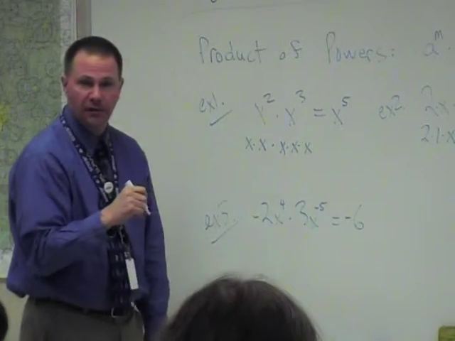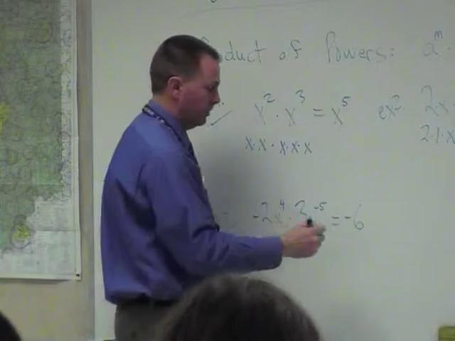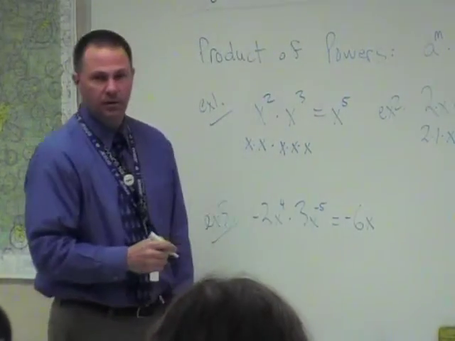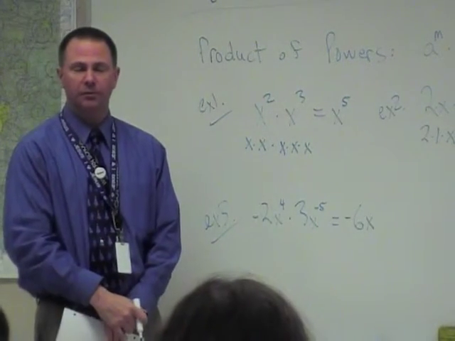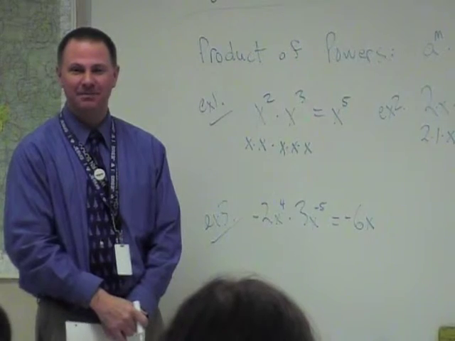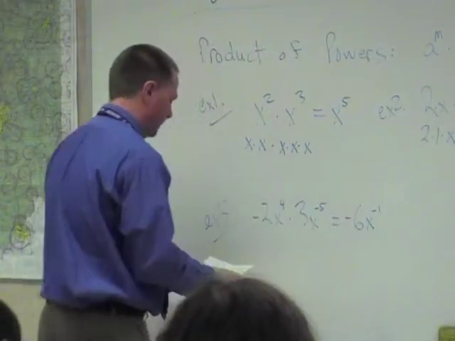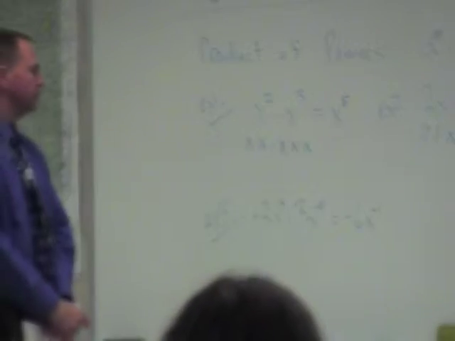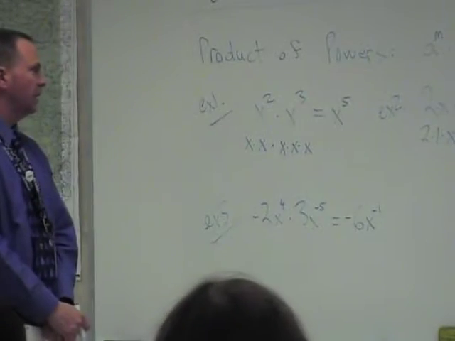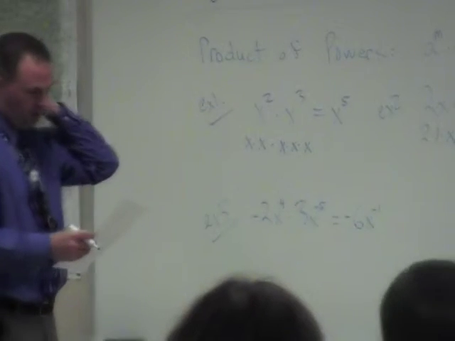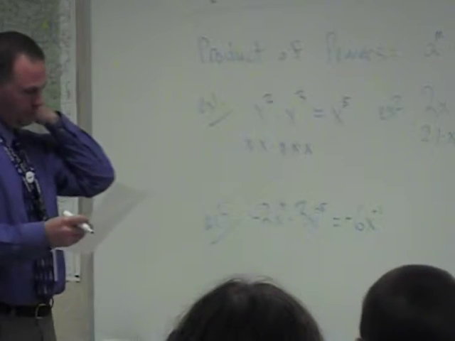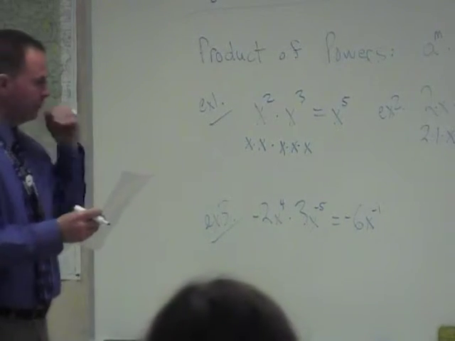What's 4 plus negative 5? Negative 1. Now, we're going to get into negative exponents later on in the week, and we'll talk about that then, but I'm going to go on from here, okay?